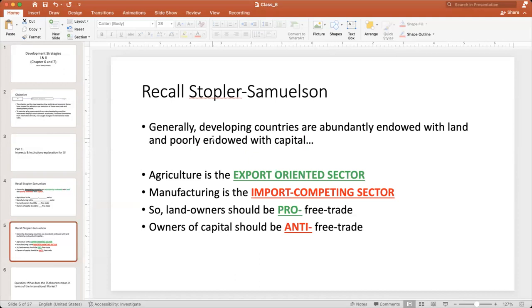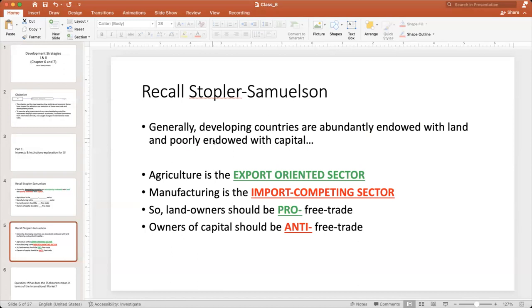And based on that, and given that they are poorly endowed with capital, it is preferable for developing countries to import manufactures from other countries that have more capital. So that's why manufacturing is the import-competing sector.